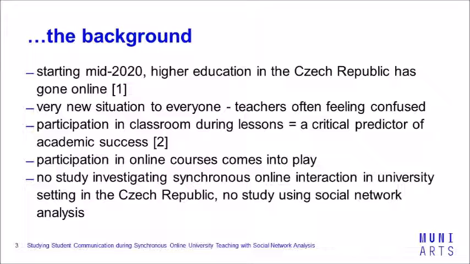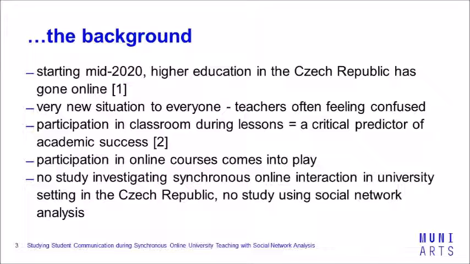As in most European countries, in mid-2020, university education in the Czech Republic went pretty much fully online. And that was because of the COVID situation. And that was a very new situation to everyone, because never before had anything like this happened.